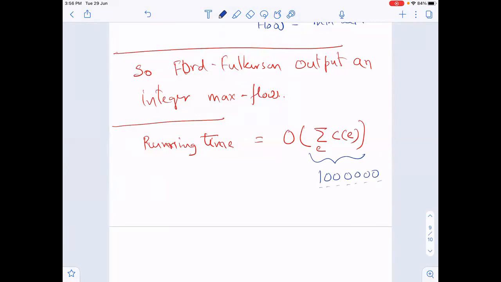But the number of steps is 1 million. The reason is that there's a bit representation issue. So this algorithm is not polynomial in the input size.